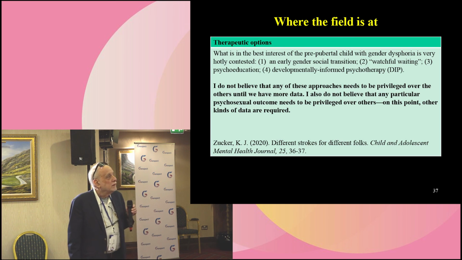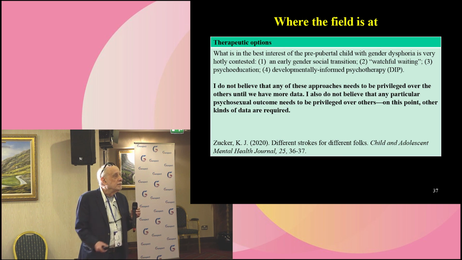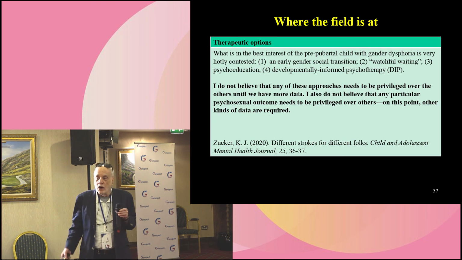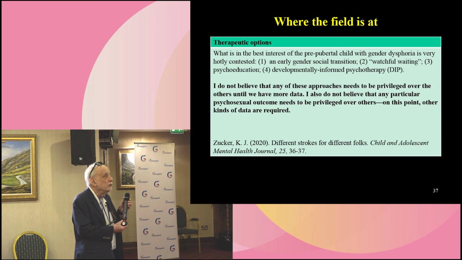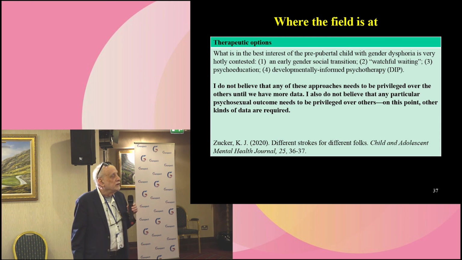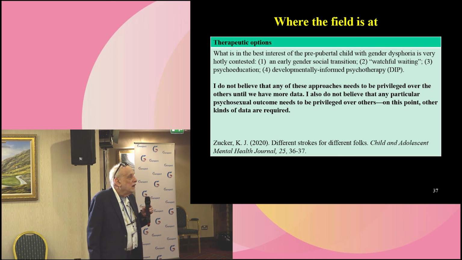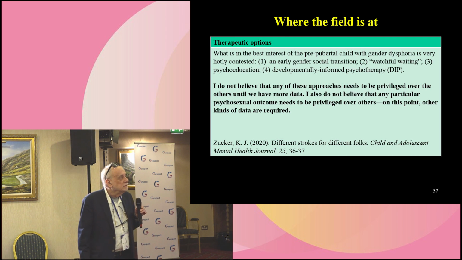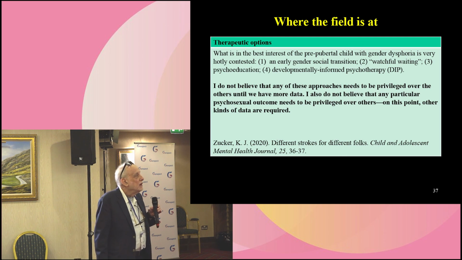Psychoeducation, developmentally informed psychotherapy, is a term I just made up because I realized we need to say what we think we do. So DIP sounded like a good acronym. And I wrote about this in a journal a few years ago, Different Strokes for Different Folks.